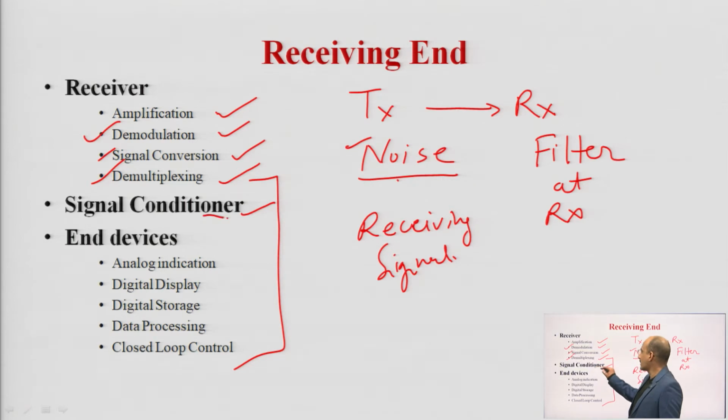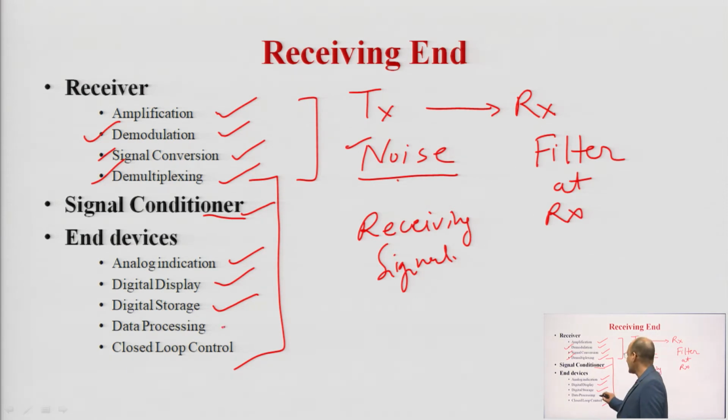Then the signal conditioner part is going to perform some specific kind of signal conditioning operation on this recovered data, because the recovered or received data is going to be used for analog indication, digital display, storage in digital storage, data processing for further analysis, or closed loop control.